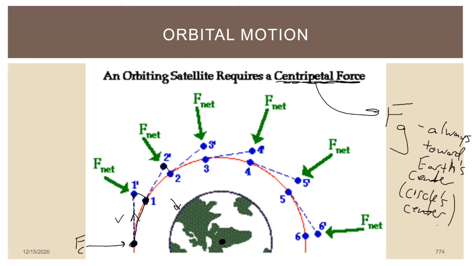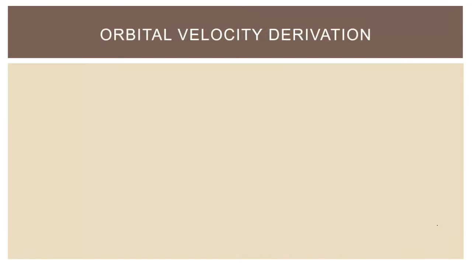You apply the basic concept here. The basic concept is this thing has a centripetal force acting on it, which is supplied by gravity. End of story. And that very concept is what we're going to use to derive an equation for the velocity of an object in orbit.